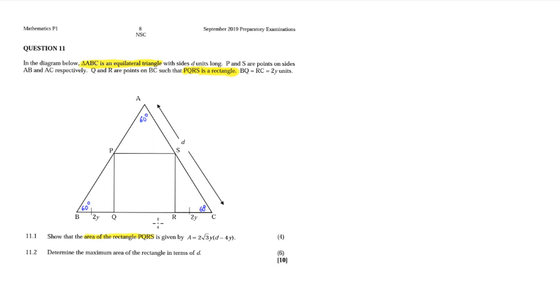We can also put in that the interior angles of this figure PQRS are 90 degrees, since this is a rectangle. The opposite sides of the rectangle are also equal, and the opposite sides are parallel as well.